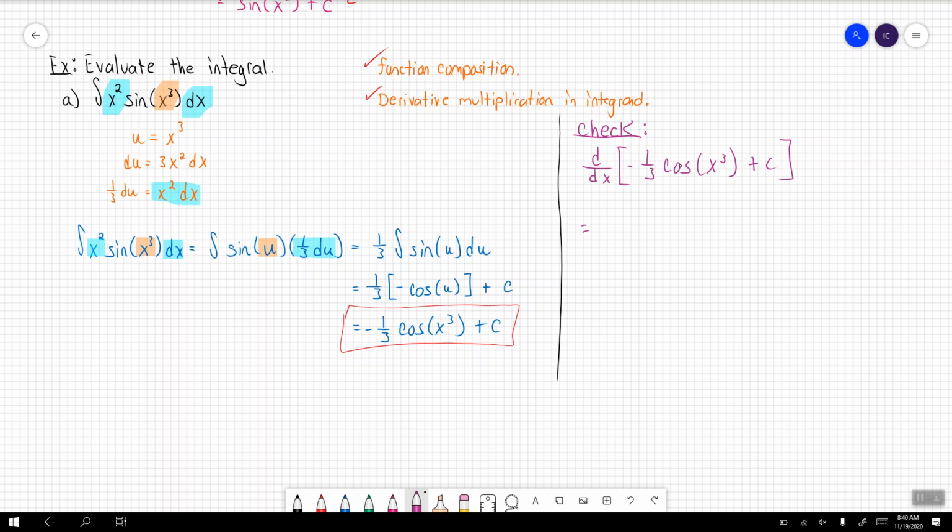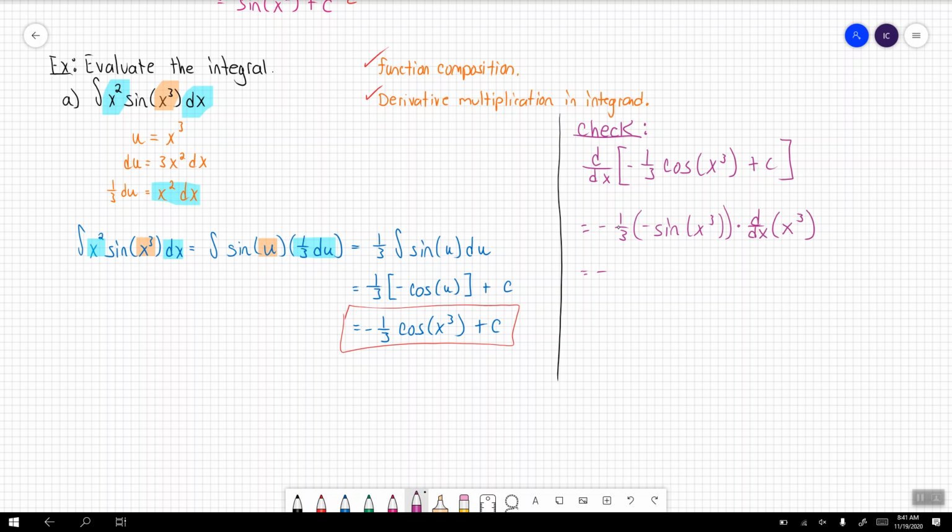The derivative of cosine is negative sine. So we have negative 1/3 multiplied by negative sine of x cubed. And then we multiply by the derivative of the inside function, which is 3x squared.